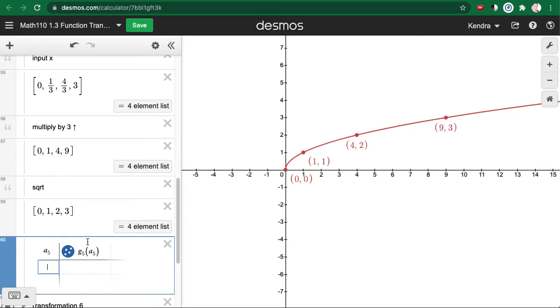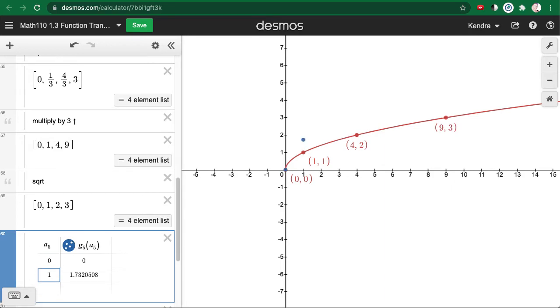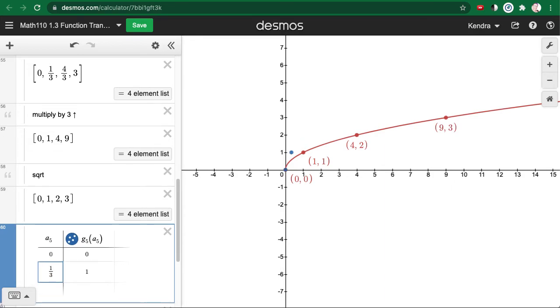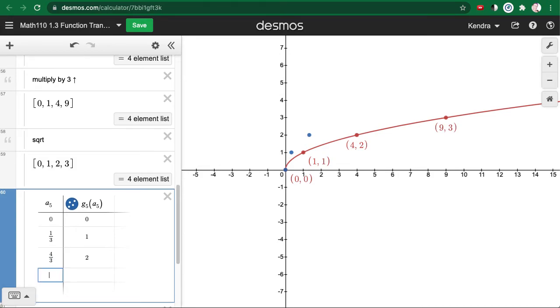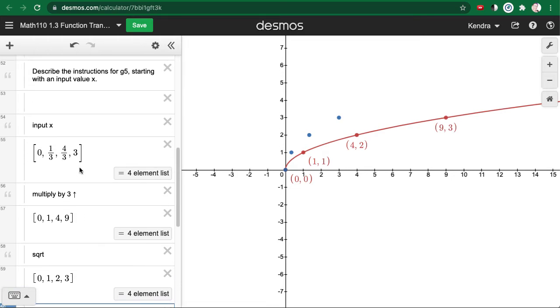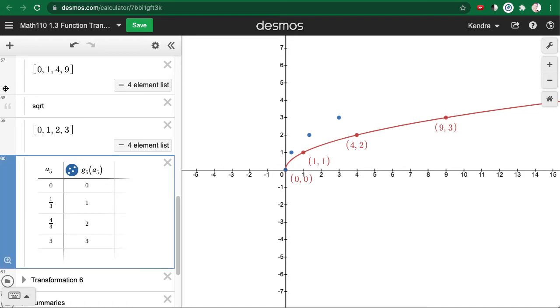So I'm going to put in 0, 1/3, 4/3, and 3. And that gives me the outputs that I tracked through. All right, and let's fill in that graph.